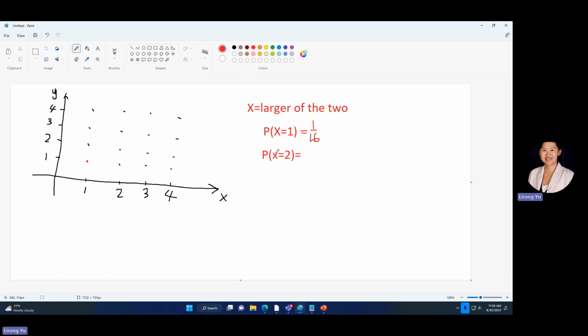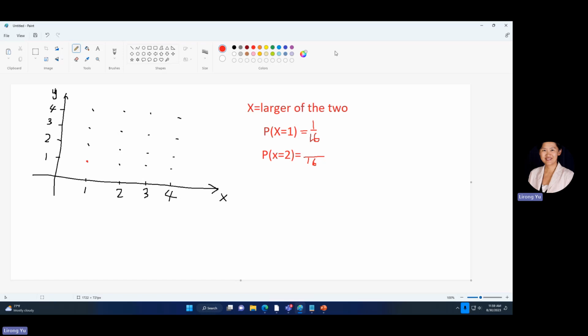All right, and then the second question, what is the probability X equal to 2? Again, the denominator would be 16, but we're going to find out how many times the larger one of the 2 is 2. Like if you got 2 and 1, the larger one's 2, right? But if it's 1 and 2, the larger one is still 2. Right? But what if it's 2, 2? If they're both 2, the larger one is still 2.